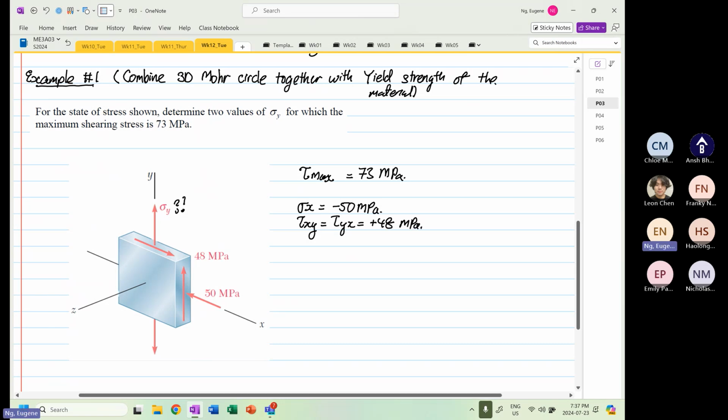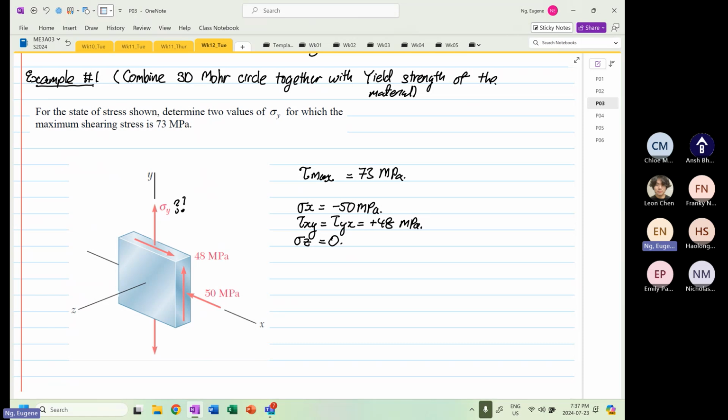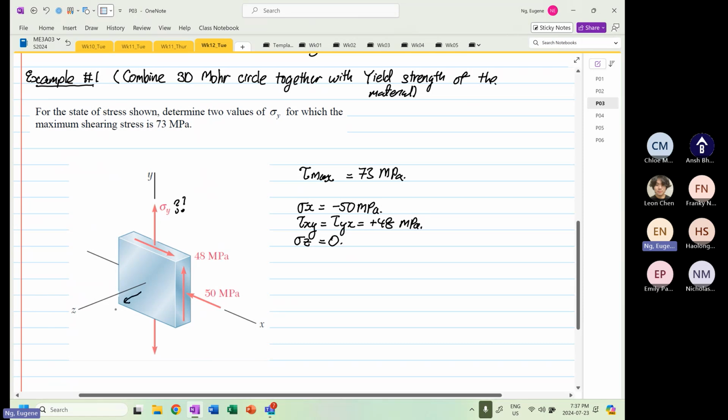And also from here, we can see that stress Z is equal to 0. Okay, there's no stresses in the Z direction. So you ask me what stress Z, this is our stress Z. And also for the rest of the directions, we know that the shear XZ is equal to shear ZX, and this is equal to 0. And the shear YZ is equal to shear ZY and is equal to 0.